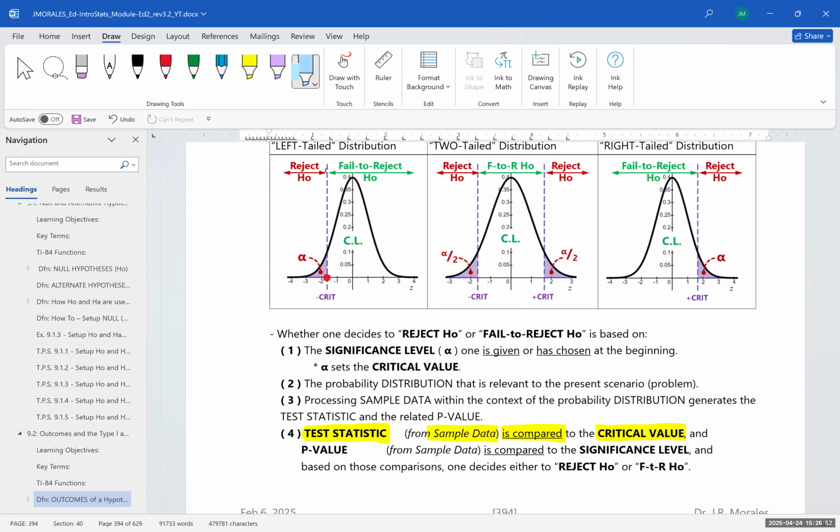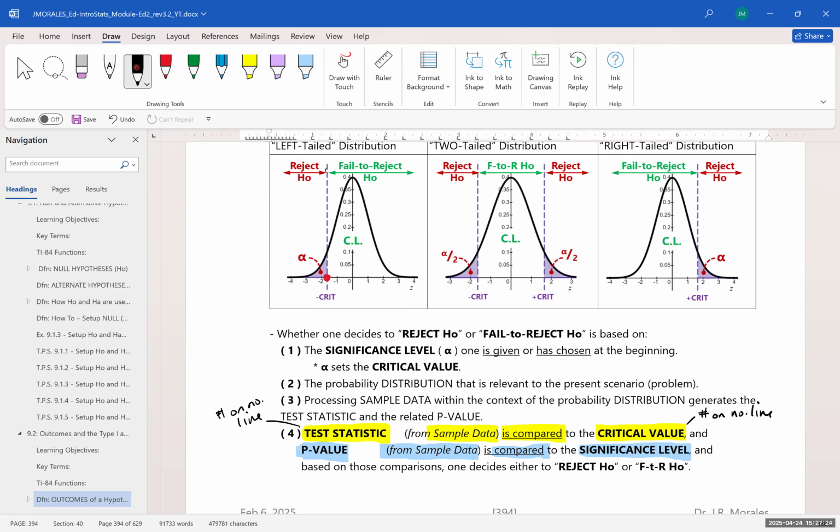Okay, the other way to do it is by using what's called a p-value. The p-value is a probability value that's calculated from the sample data, and that gets compared to the significance level. So notice something here. The critical value is a number on a number line. The test statistic will also be a number on the number line.